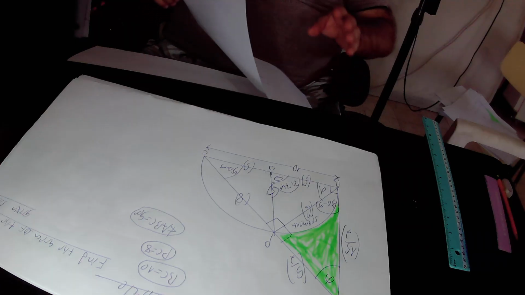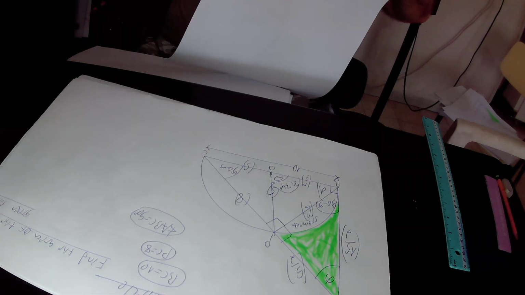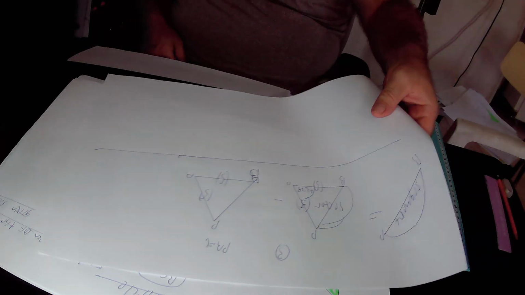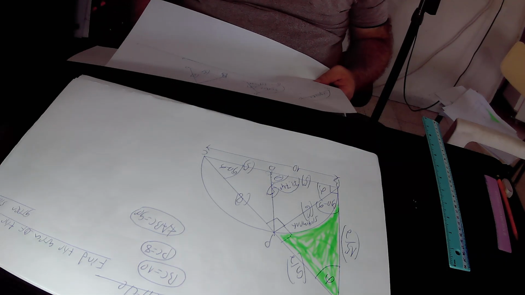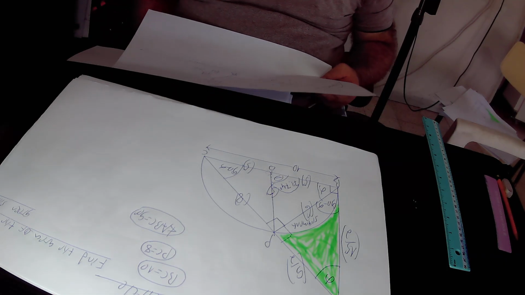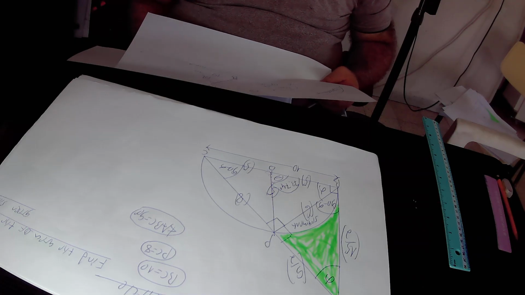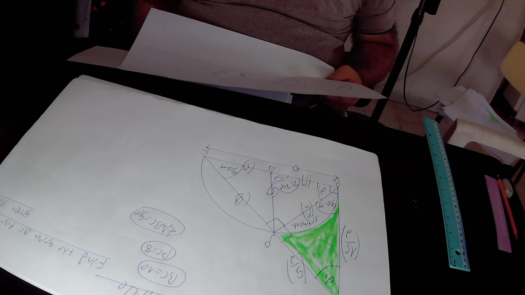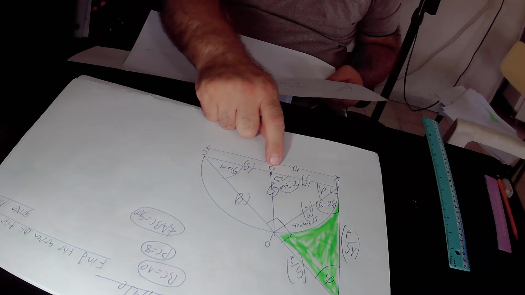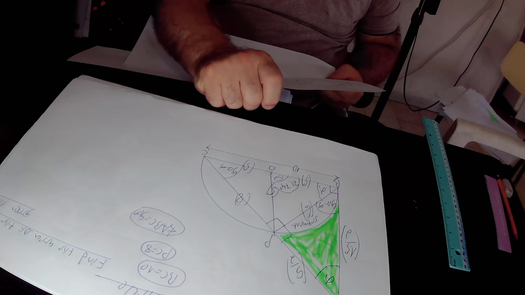And the area of a sector is equal to pi r square, that is the area of the circle that contains the sector, times the angle between the legs of the sector, that is theta, over 360 degrees.